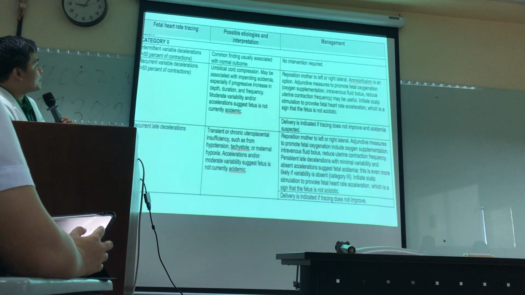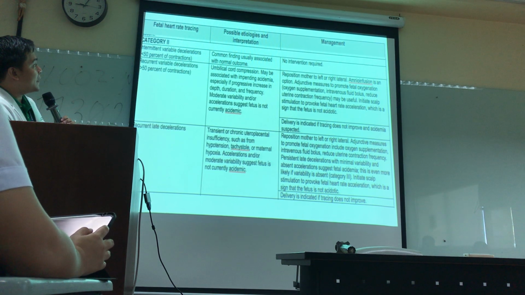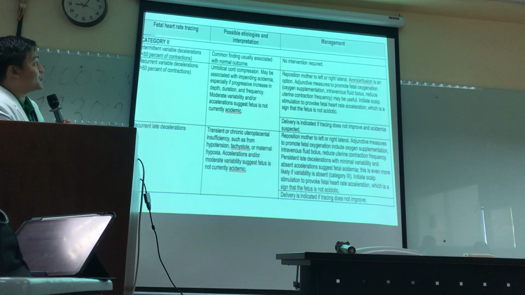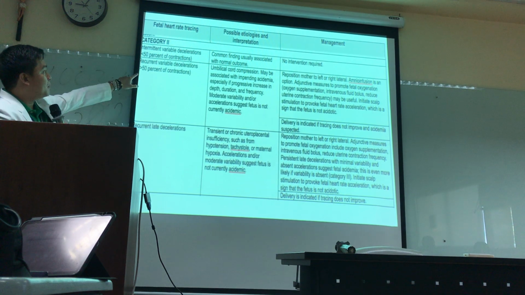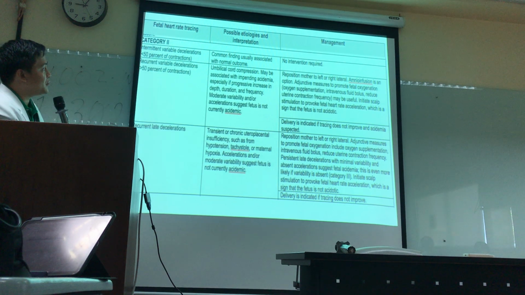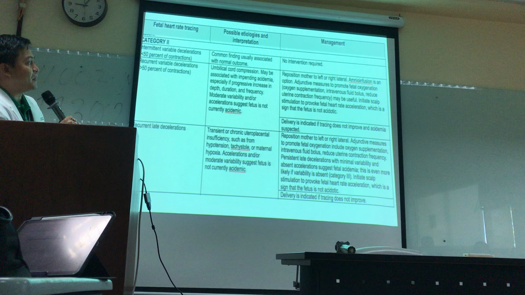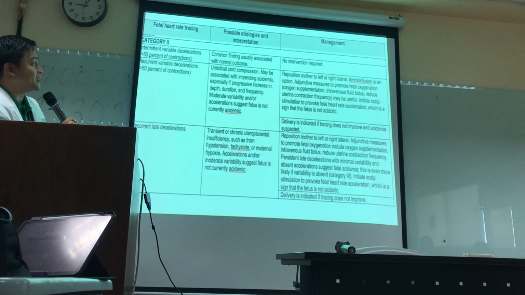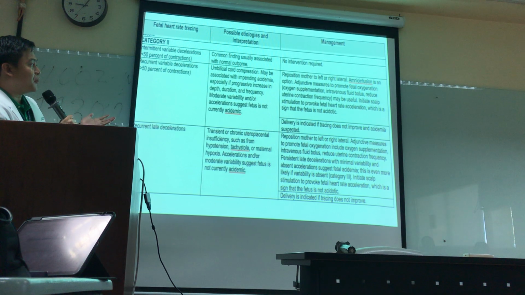If there is intermittent variable decelerations, it's a common finding usually associated with normal outcome, so no intervention required. For recurrent variable decelerations, more than 50% of the contractions, it could be umbilical cord compression. It could be associated with impending acidemia, especially if progressive increase in depth, duration and frequency. Moderate variability and or acceleration suggests fetus is not currently acidemic.